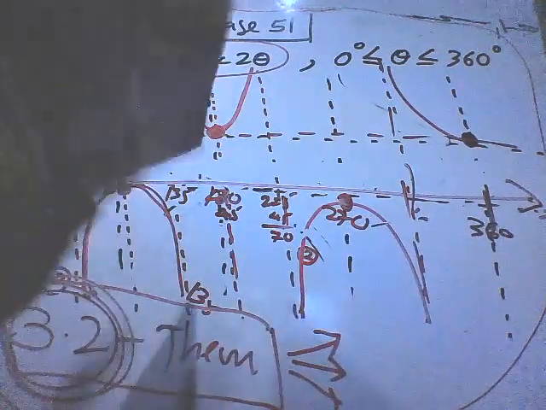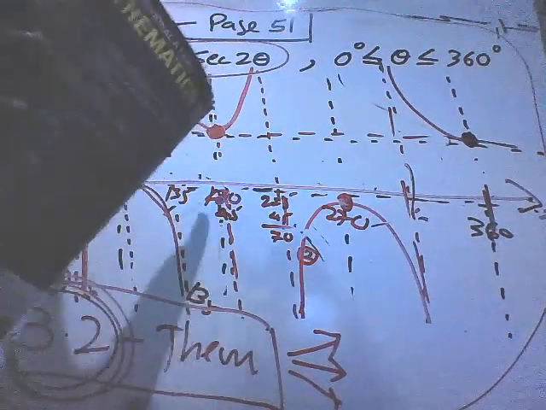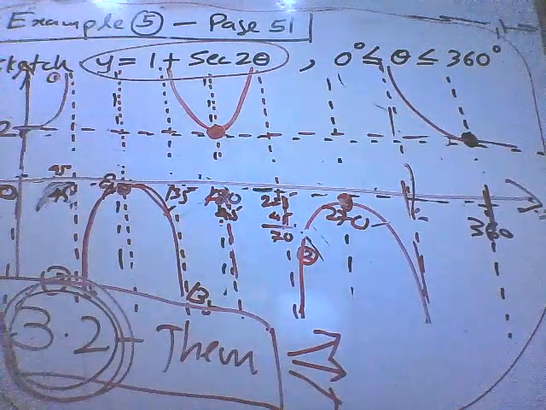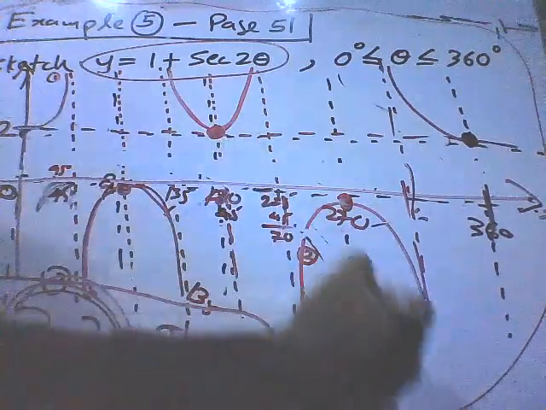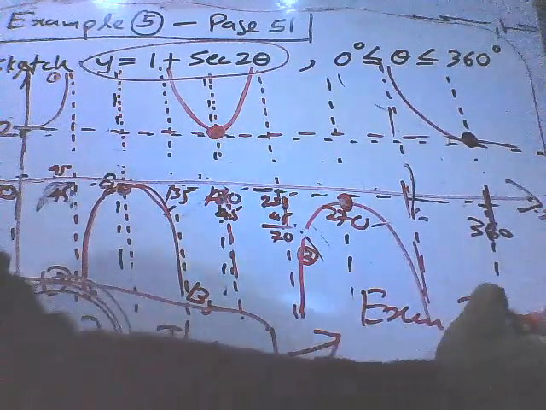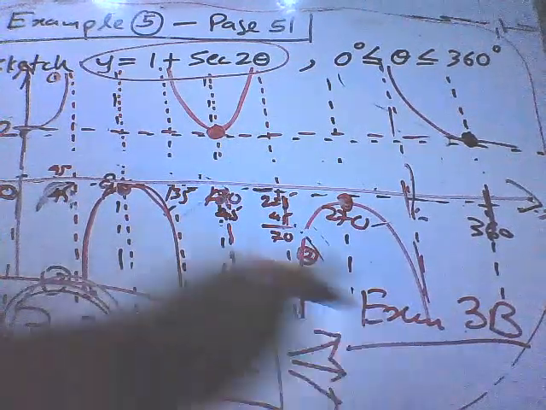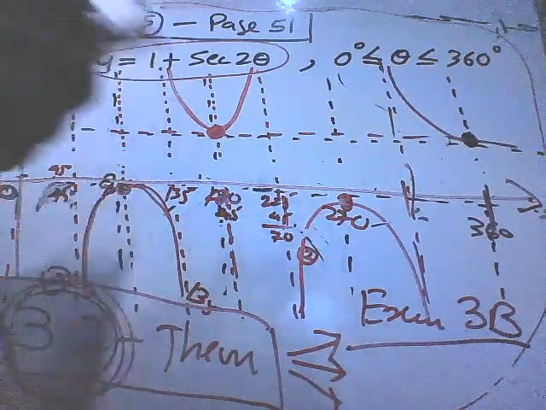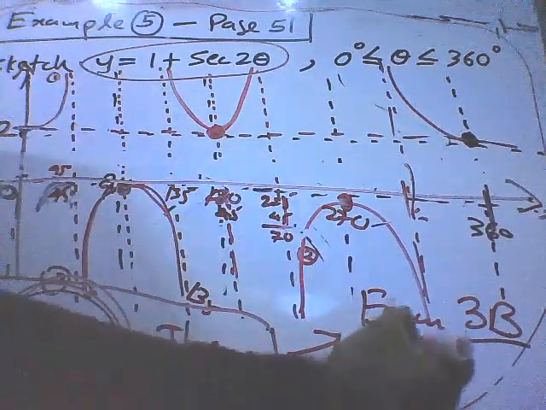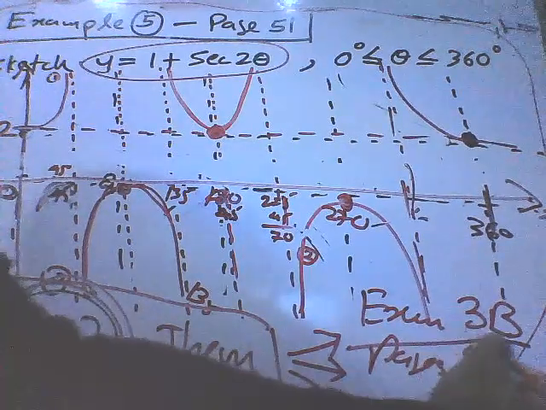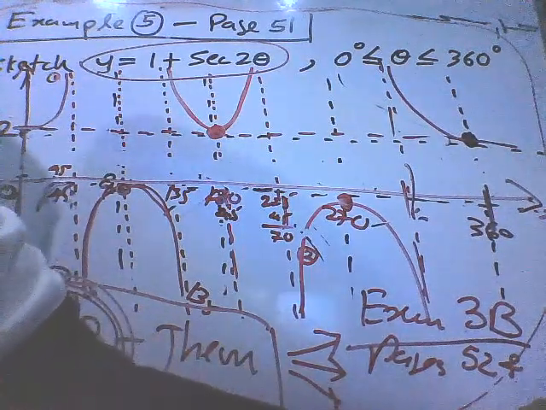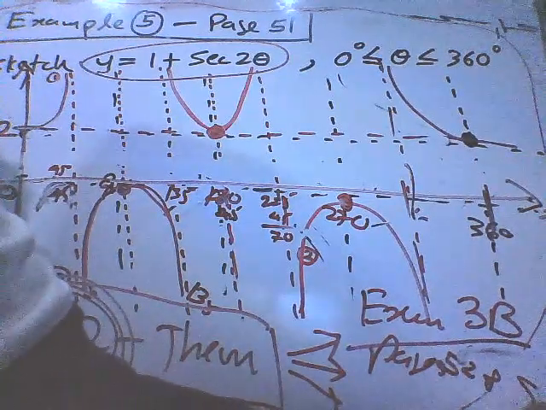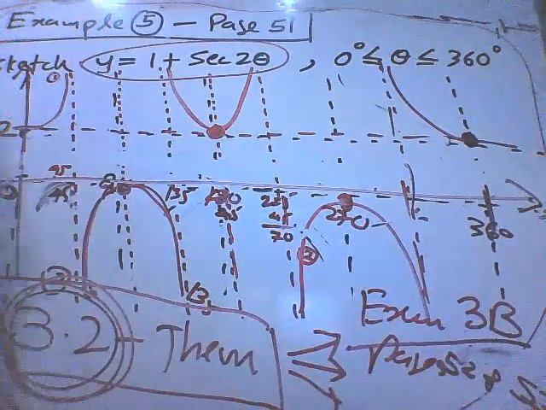I just want to see whether, yeah, example, yes. So exercise 3b, right? Exercise 3b, you all have to attempt some simple questions. Those are from pages 52 and 53, right? I don't know whether you can see it, right? I'll stop from here.